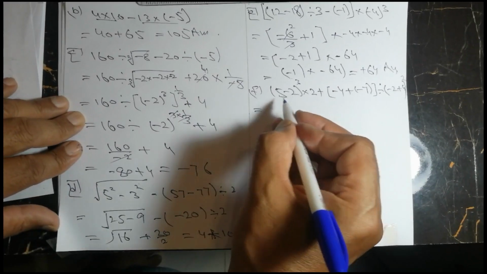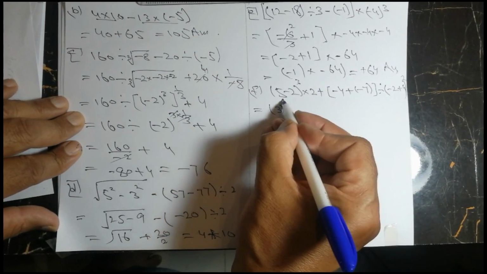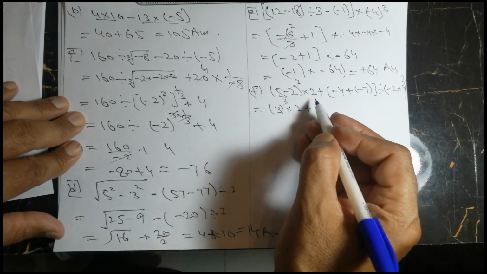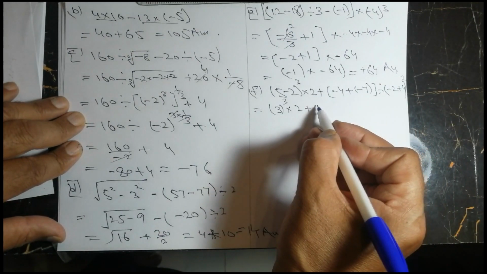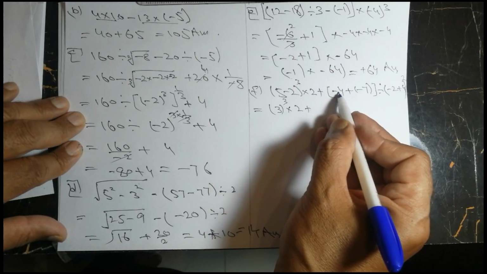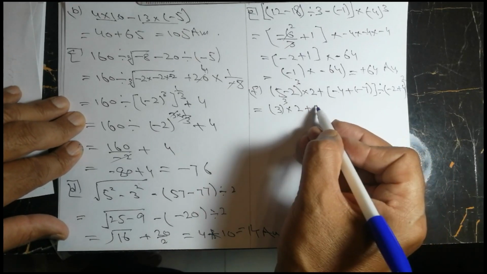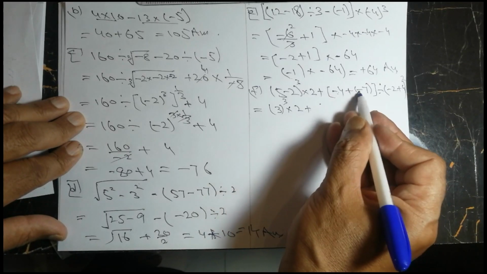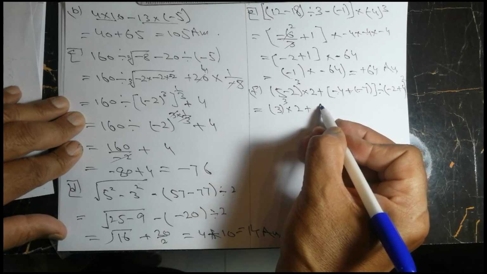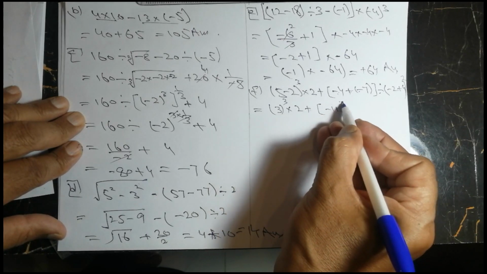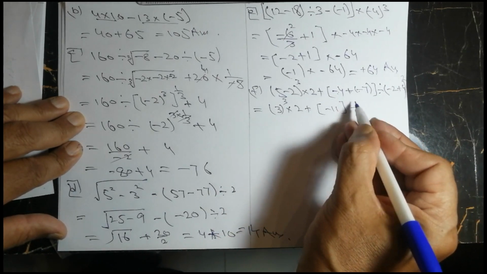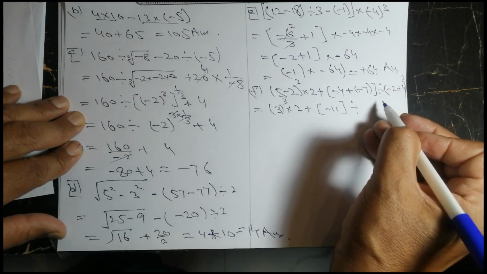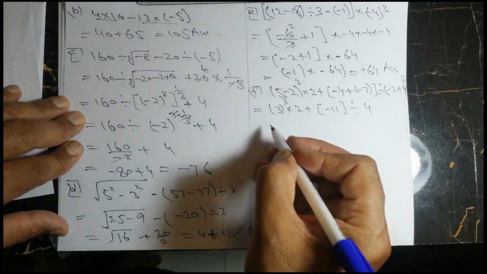So 5 minus 2 is 3 cube, into 2 plus, so inside the bracket plus, this is minus 4 and minus 7, that is minus 11, divided by minus 2 plus 4, 2 square is 4, so this will be 4.